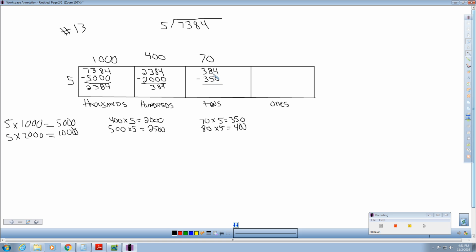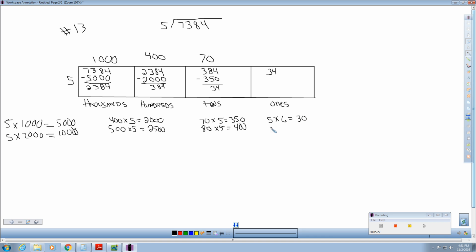So when I do that, I'm left with the number 34. 34 is what remains and goes in this box, so I'm going to write 34 here. I'm going to see how many 1s I can multiply by 5 and get as close to 34 and not go over.